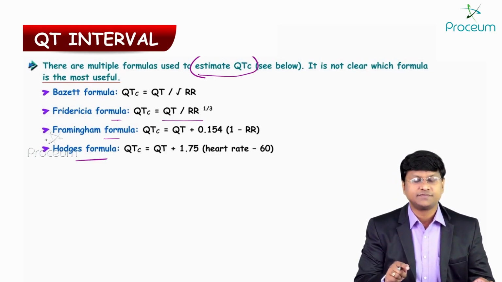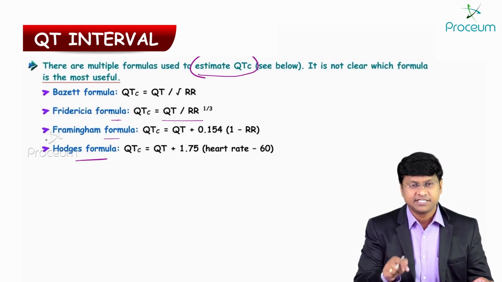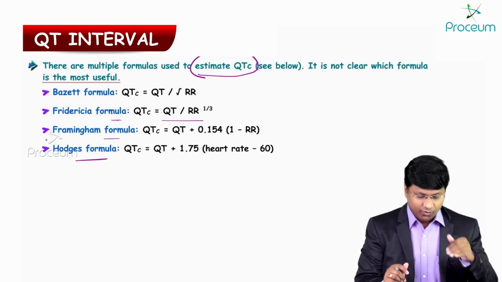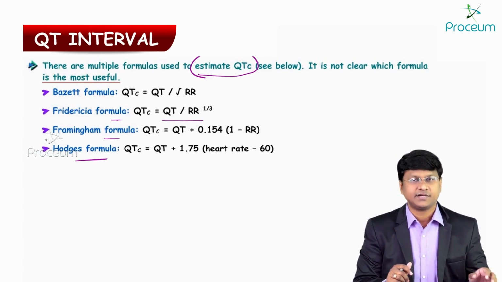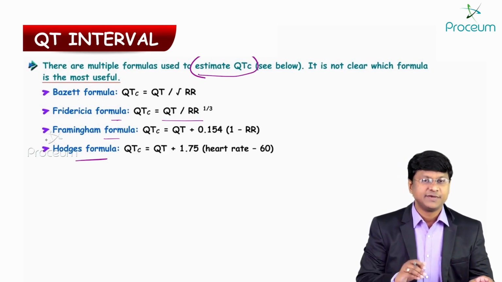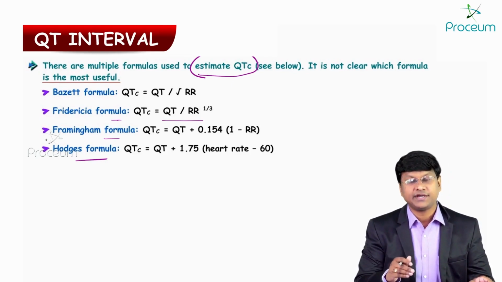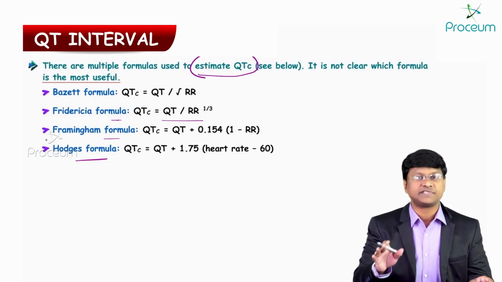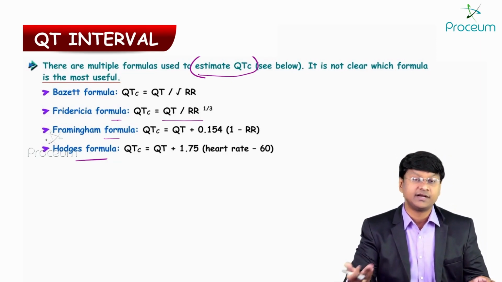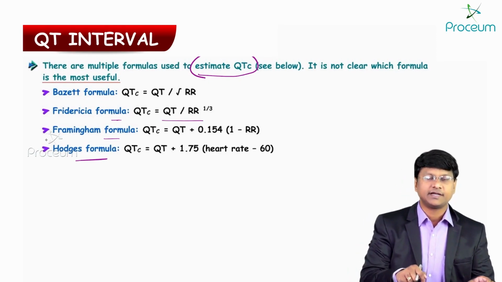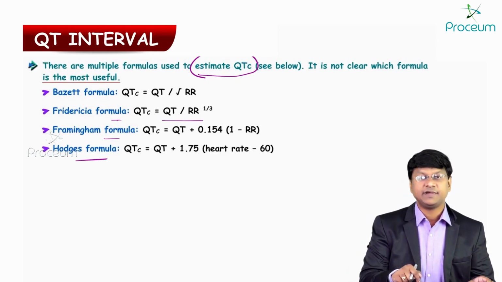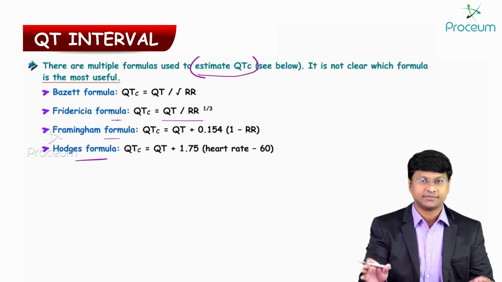And what is the use of this corrected QT interval? This point is very important. Why are we using the corrected QT interval? This is mainly to estimate the QT interval at a standard heart rate of 60 beats per minute. For example, if the individual has a heart rate of more than 100, then you apply the corrected QT interval for estimating what exactly the QT interval is.